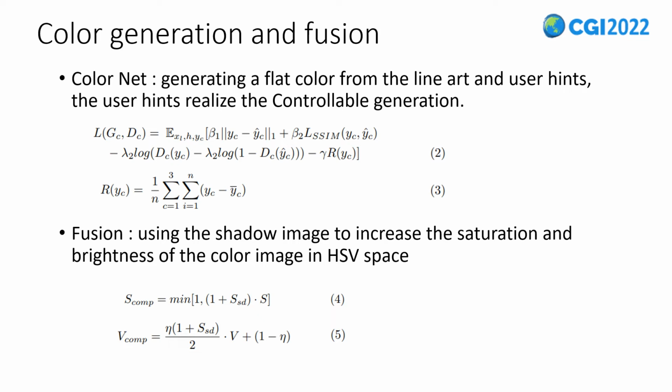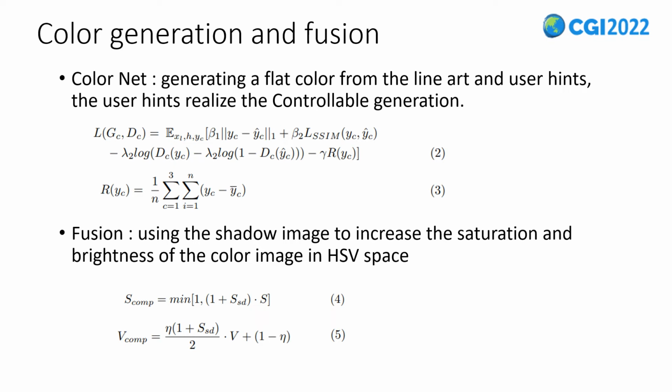Equation 2 is the loss function. In order to improve the color saturation, we add SSIM loss. Equation 3 is a regular term, aiming to further improve the color saturation.